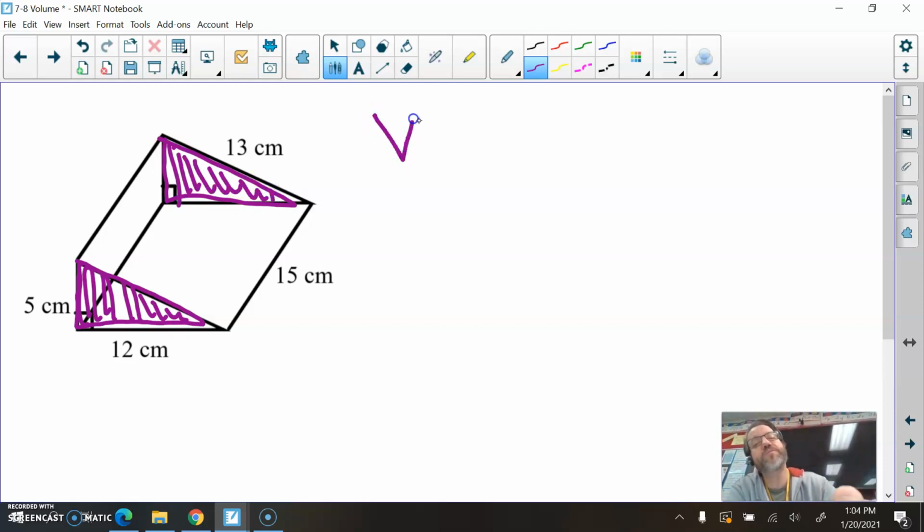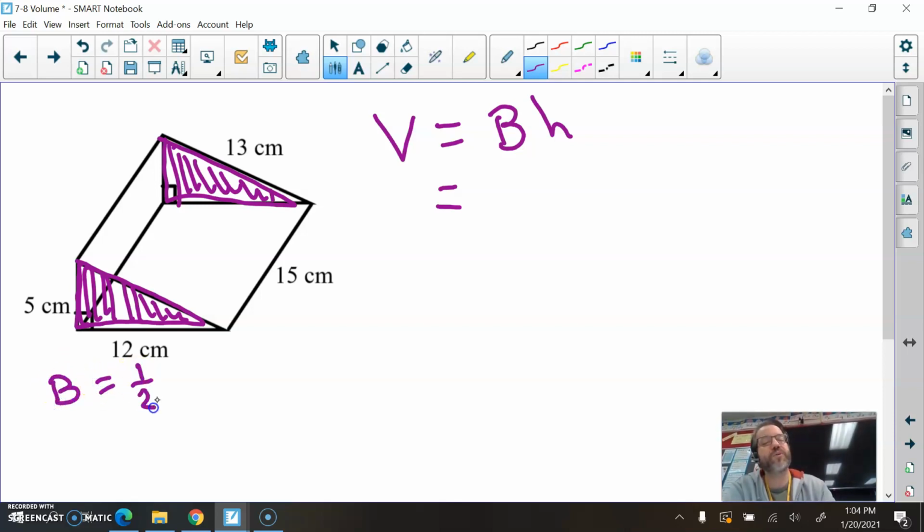So to find the volume of this prism, or how much stuff you could fill up inside of it, you take big B, area of the base, times H, the height of the prism. Okay, so let's find the area of the base. The base is a triangle. To find the area of a triangle, you take 1/2 times the base times the height of that triangle.